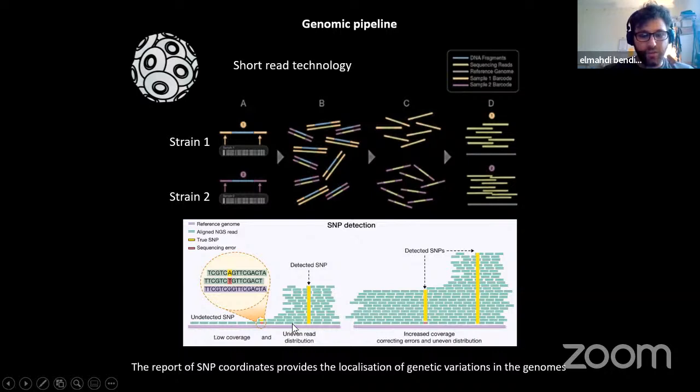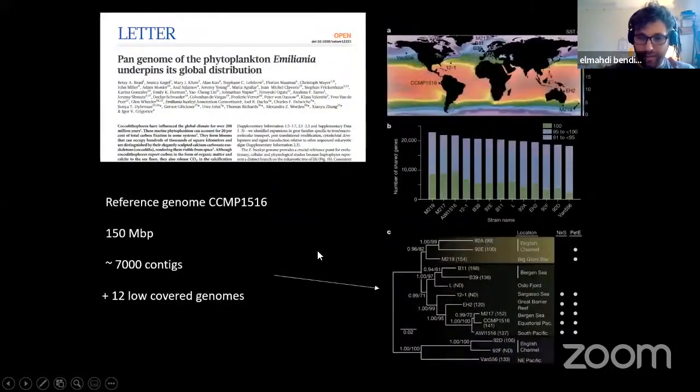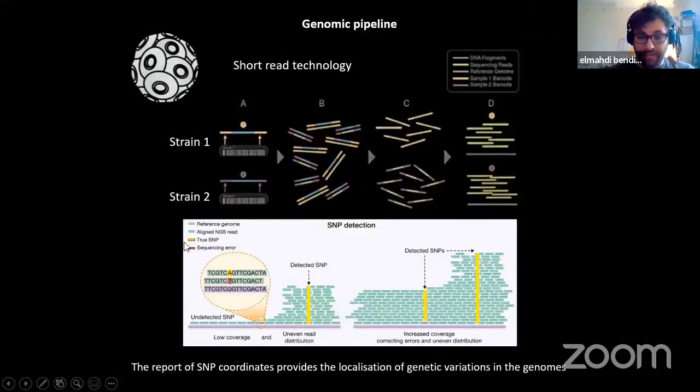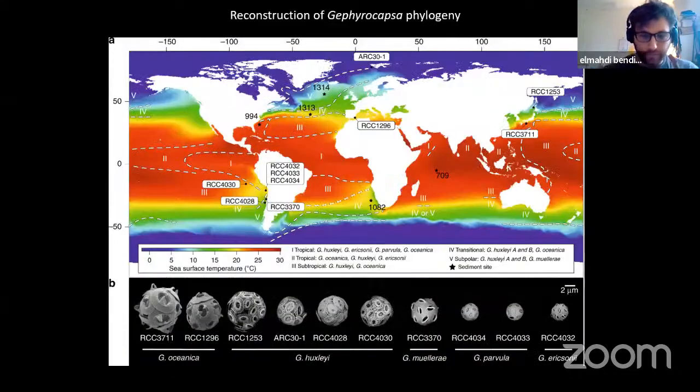By matching with the reference genome, we may find places where we have variations, and those variations are, let's say, the most represented variant for different individuals in the population we are working with. From those variations, we can then compare the different populations and the different individuals.